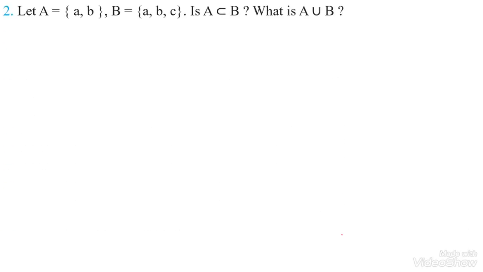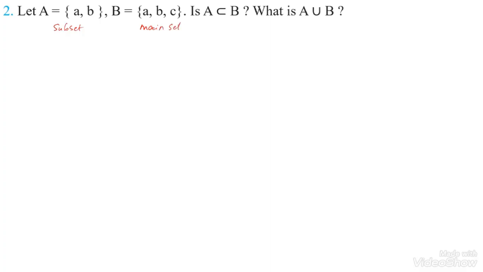Question number 2. Let A be a set containing the elements a, b and B be a set containing the elements a, b, c. Okay. Is A a subset of B? First question. A is a subset of B. Here A is a subset and B is the main set.